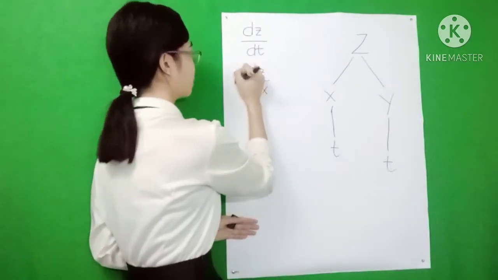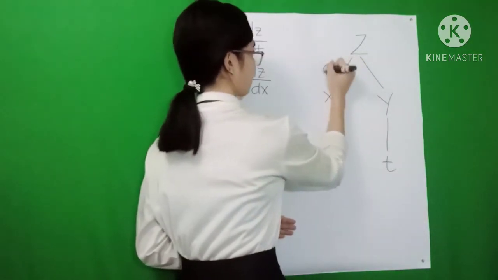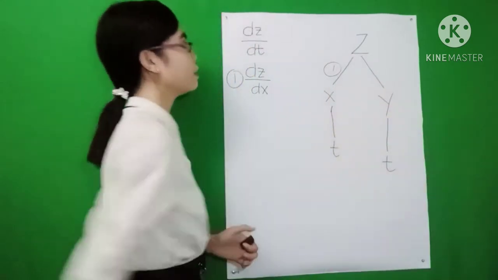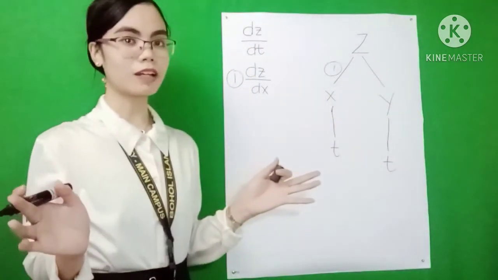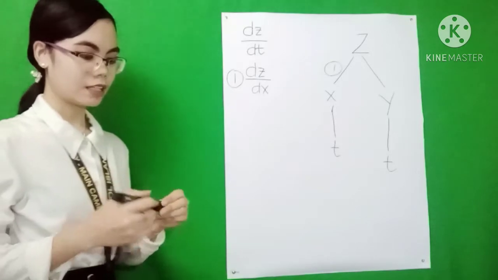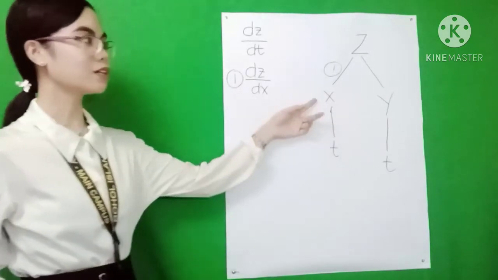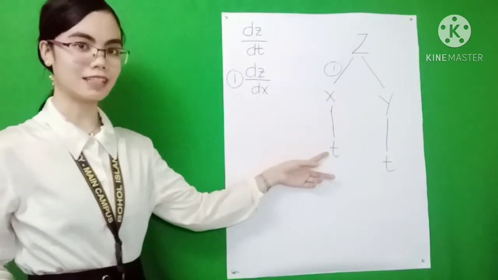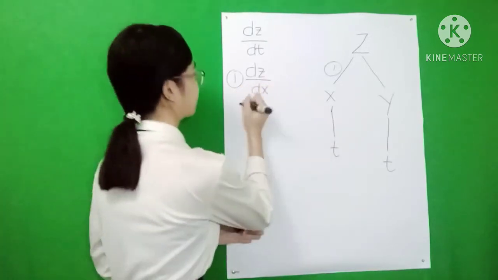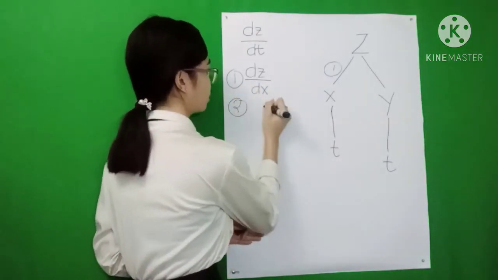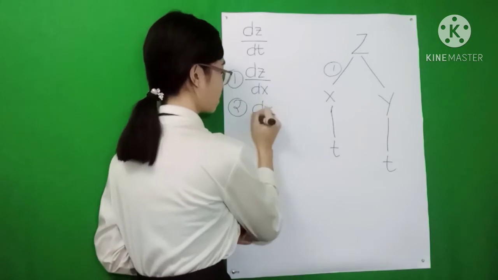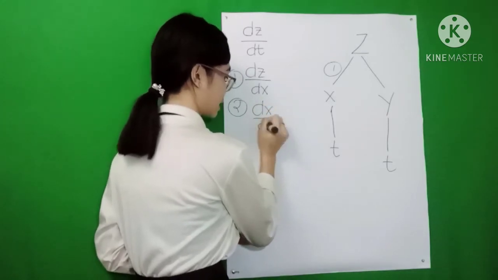This would be number 1. We have the number here to be clear. And then the second one is we have to find this branch. So we have here dx over dt, so we write dx over dt.